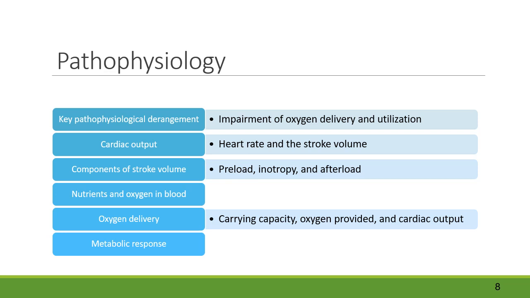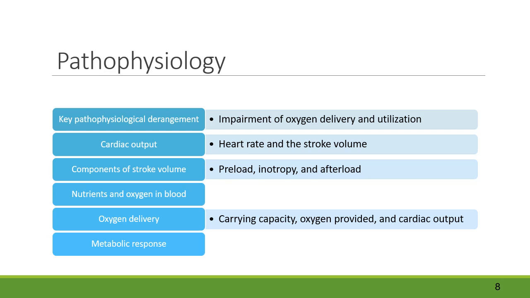Inotropy is a term that characterizes the contractile state of the heart muscle, or how well the heart is pumping, how well it can contract. Inotropic problems may occur despite adequate preload if the contractile state is compromised.